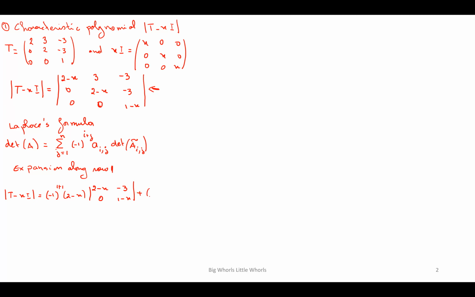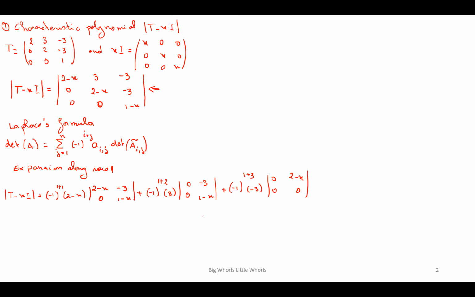Plus (−1)^(1+2) times the second entry 3, multiplied by the determinant after deleting row 1 and column 2: 0, 0; −3, 1 − x. Plus (−1)^(1+3) times the entry 0 multiplied by the determinant of the remaining minor: 3, 2 − x; −3, −3.